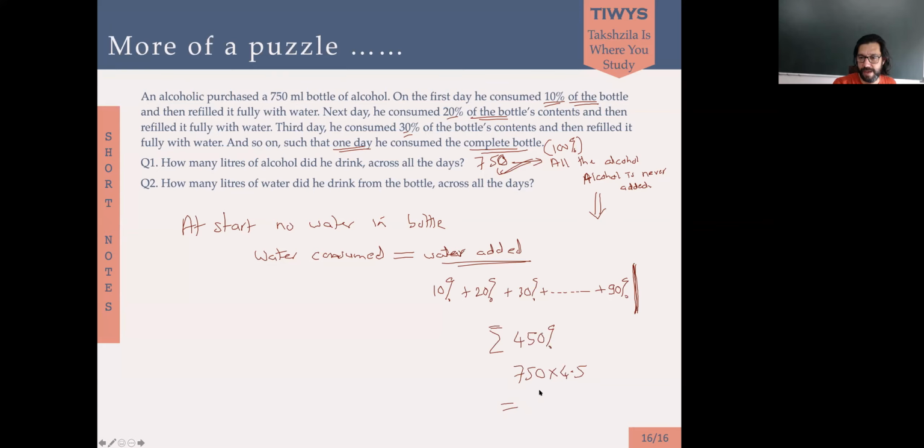Let's see. 75 into 4, 300. 300 and 37.5. So I get that this will be the answer. Let me confirm once again. Yes, 3375.